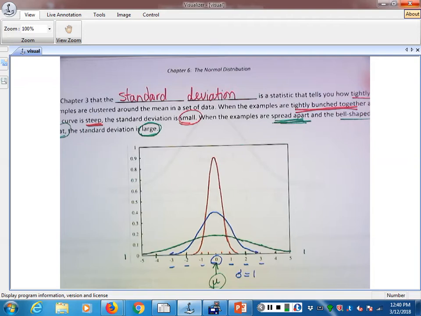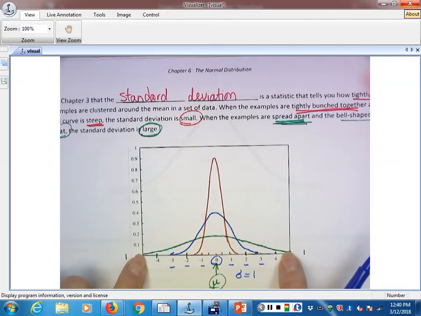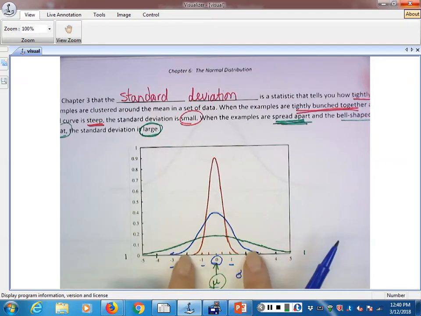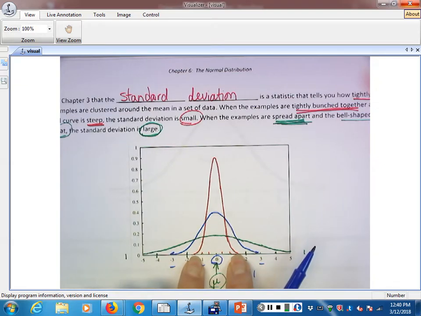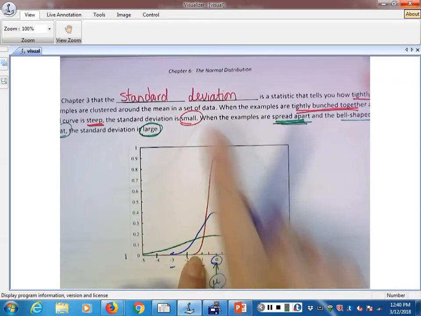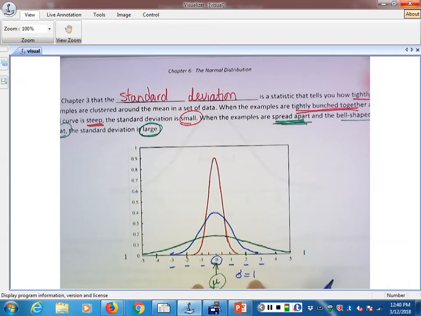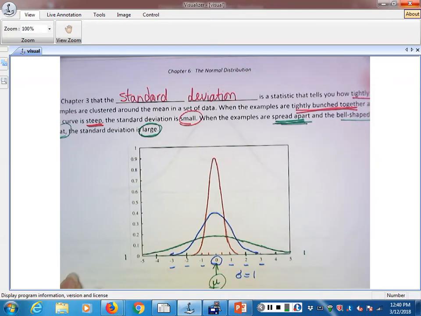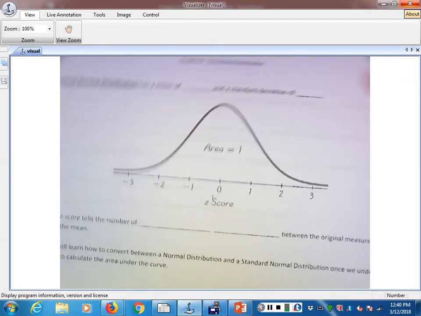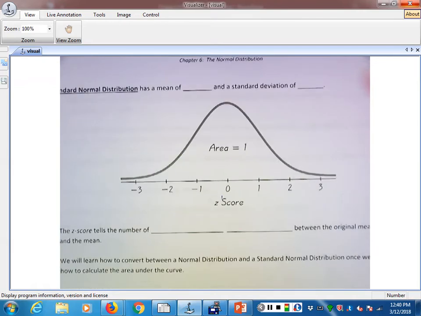But again, wide, flat curve, large standard deviation. Skinny, steep, narrow curve, small standard deviation. Others are in between. And one of the ones that's in between is called the standard normal curve.